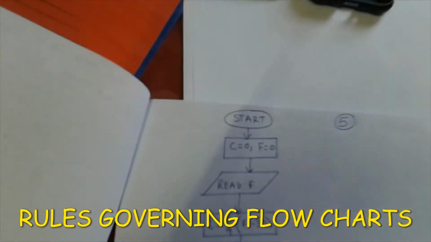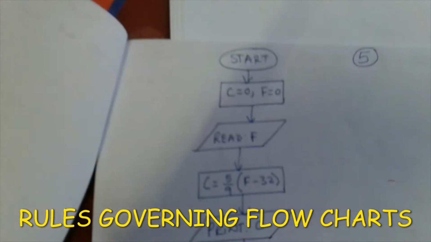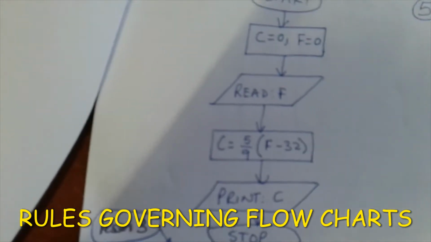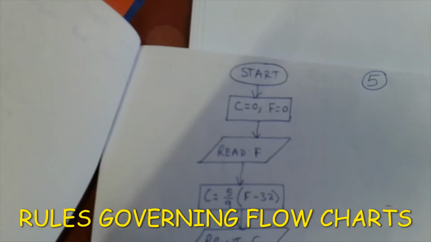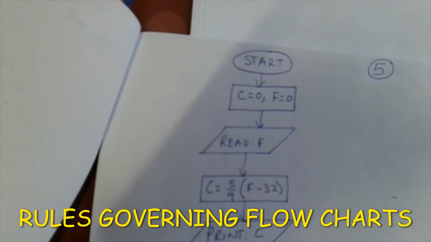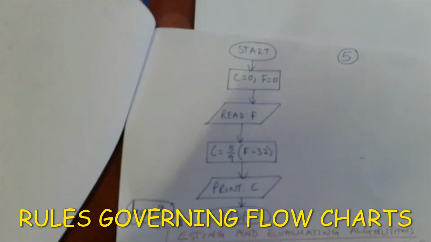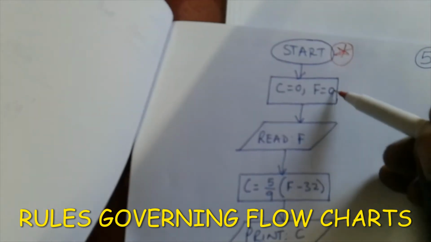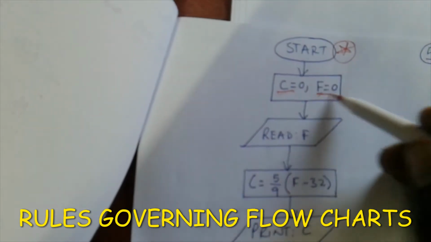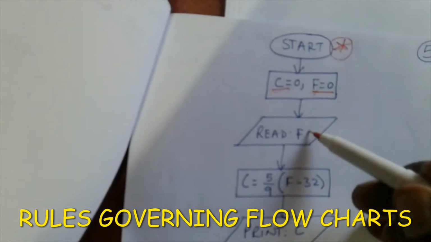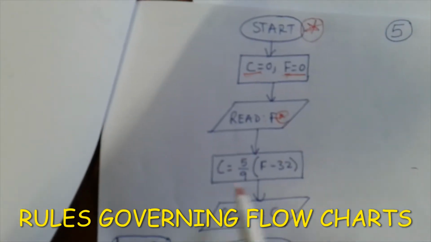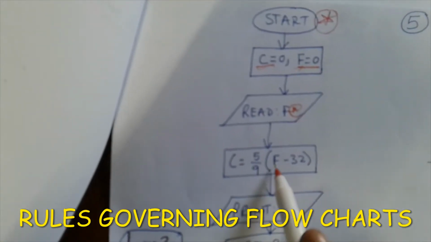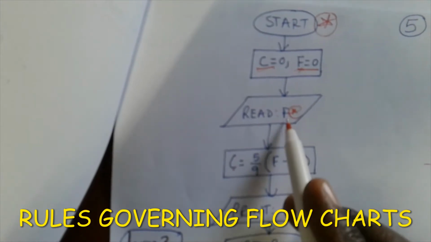Now, this flow chart, which is to change from centigrade to Fahrenheit or from Fahrenheit to centigrade, is a simple flow chart. As you can see, you simply start with, of course, C and F as 0, then you read F, because you want to change from Fahrenheit to centigrade, because F is known.